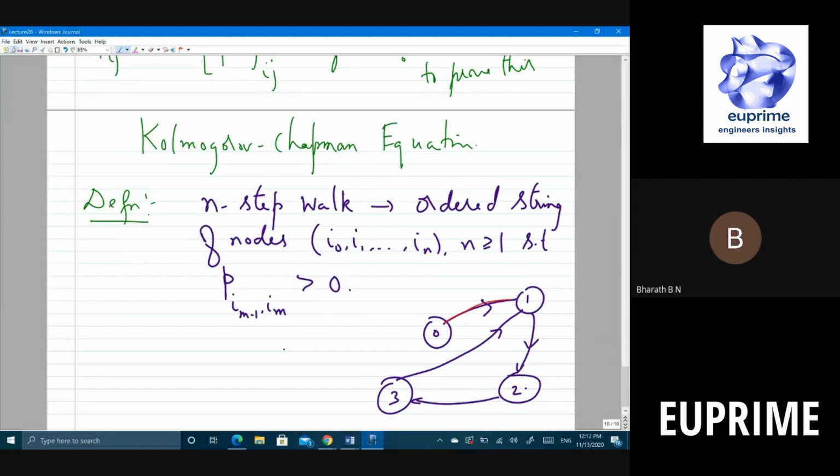You go from 0 to 1, 1 to 2, 2 to 3, 3 to 1. Okay, this is a walk. Note that I started at 0, went to 3 and came back to 1. So I have entered state 1 twice, but still it's a walk. Is that fine?